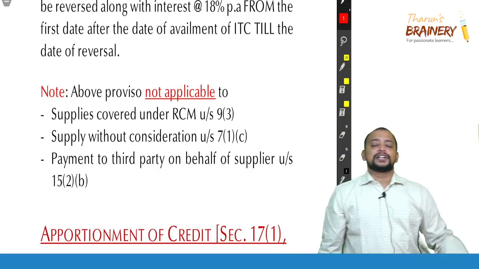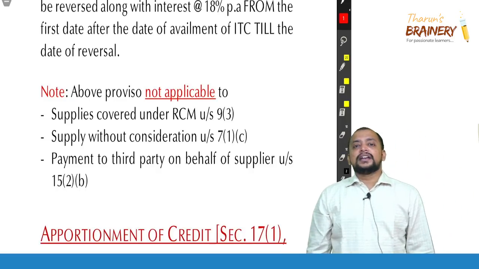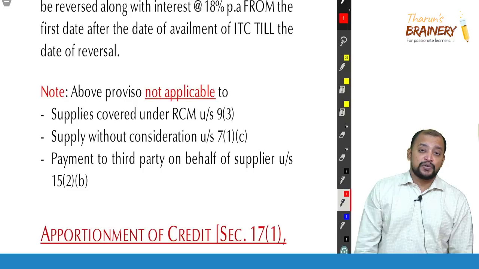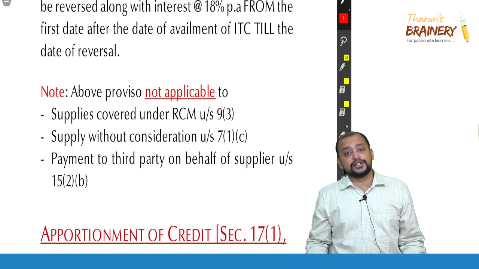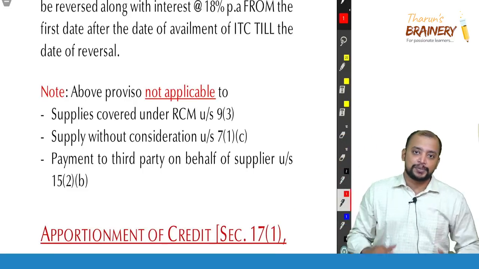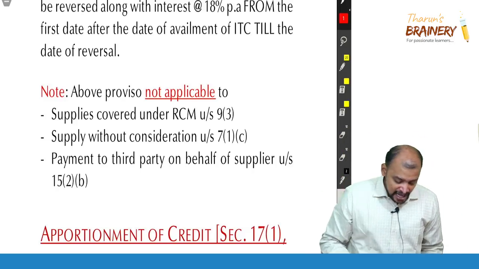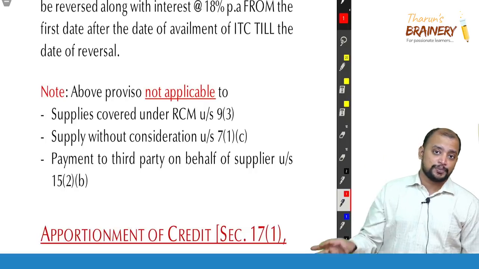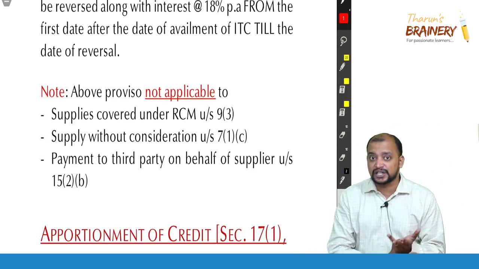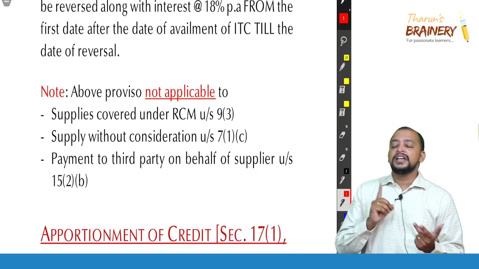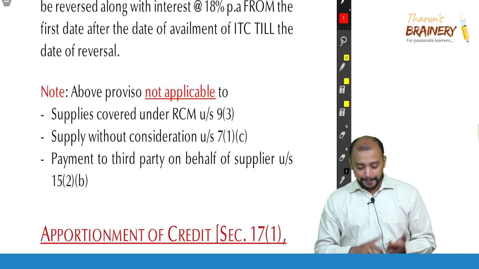So then also credit can be taken. And then next we have schedule I, supply 71C, when there is no consideration at all, where the recipient will not make payment to the supplier. So these are the 3 exceptional cases where we can avail ITC, and that 180 days condition is not applicable. What are those 3 exceptions? 9 subsection 3, 71C, and thereafter 15(2)(b).